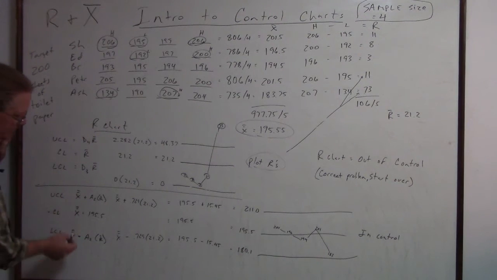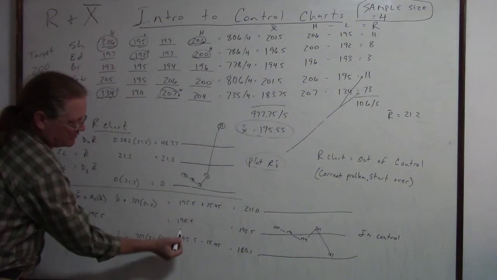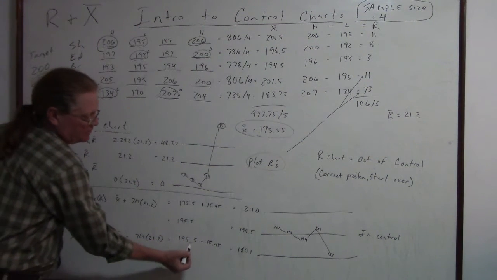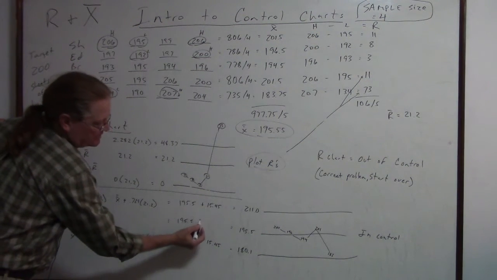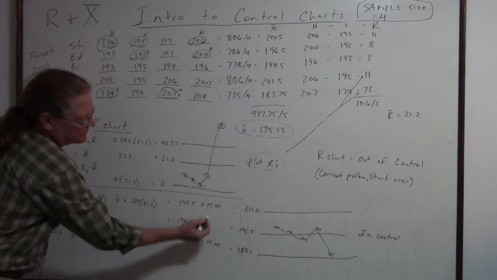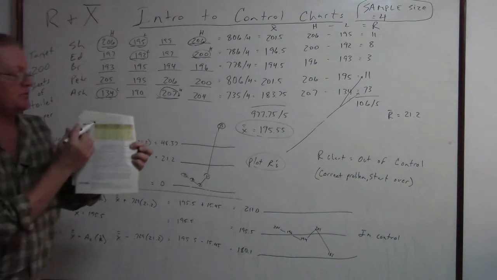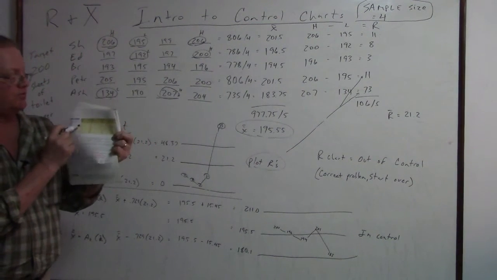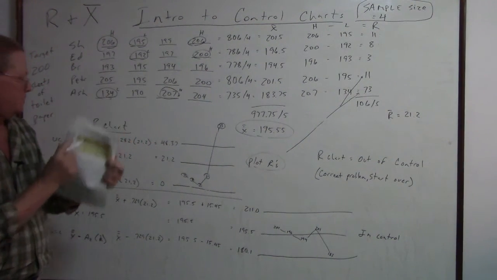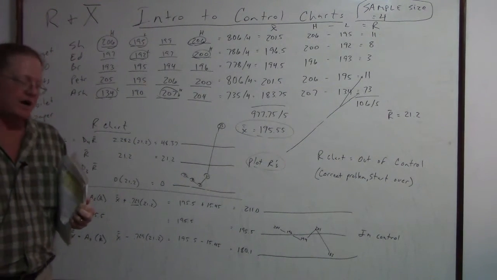So, for all of these, we need our 195.5, 195.5, 195.5. This one is going to stay the same. We need to add A2 R bar to the top and subtract it from the bottom. So, when we go to our page and we look up a sample size of 4 and we find A2, we get the number 0.729.